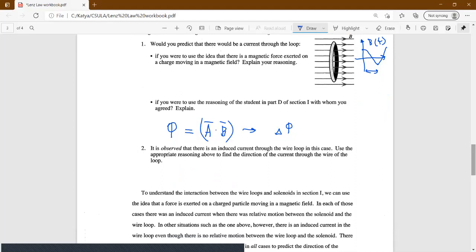Okay, and they are asking, it is observed that there is a current induced through the wire of the loop in this case. Use the appropriate reasoning above to find the direction of the current through the wire. Let's do this. So let's set up the area vector like this, so the flux is positive here, but it's decreasing.